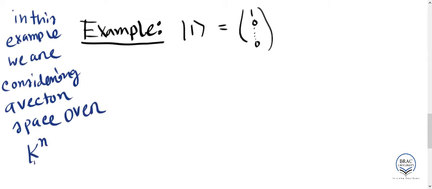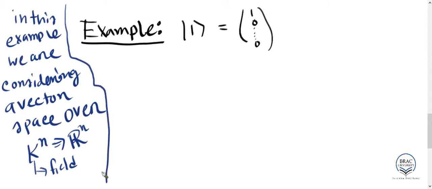So this K is our field. You can say from these entries that this K is just R, so instead you could write R^n. That is, the entries will have an n-tuple of numbers associated with it. So this is the side note for our example over here.